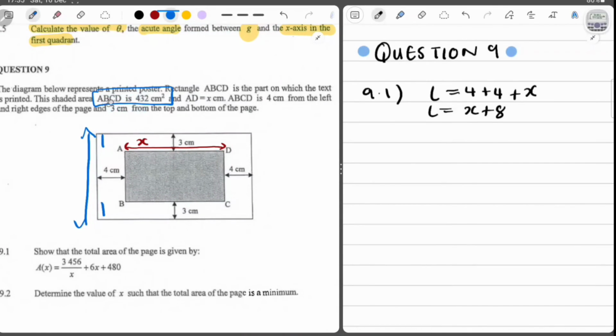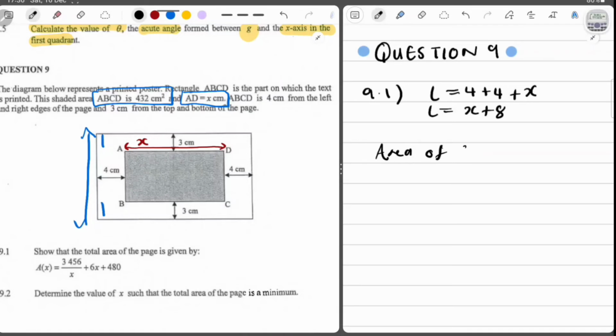They said that the area of ABCD is this. So how about we find an expression for the breadth using this information? They told us that AD was x centimeters. So to find the area of the shaded part, sorry, not really the page, we can use that to find an expression for AB, because that's what we need. We need an expression for AB.